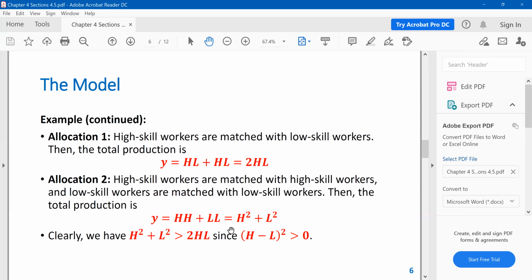All right. So the total production is then H squared plus L squared. And of course, H squared plus L squared is greater than 2 times HL. Right? This is a simple mathematical fact, as you see there.